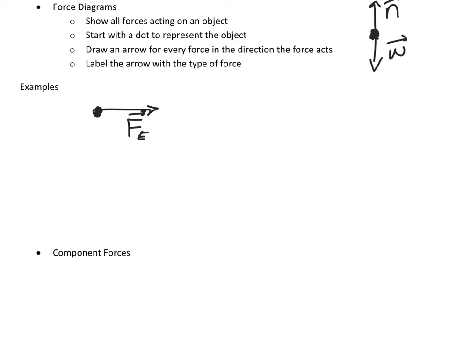Now, if it's moving at a constant velocity, that means that the forces in the direction of motion have to be balanced. So there are other forces acting the opposite way than the engine is pushing it. What other forces could it be? Well, there's air resistance, there's friction between the road and the wheels, between the axles and the wheels, and things like that. We will just generally label this friction for simplicity's sake, with an arrow of the same length.